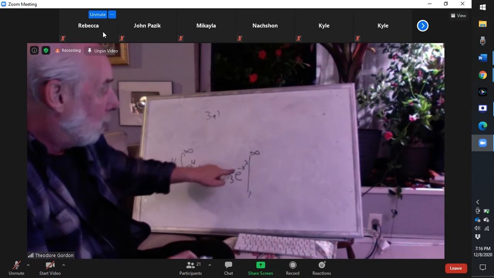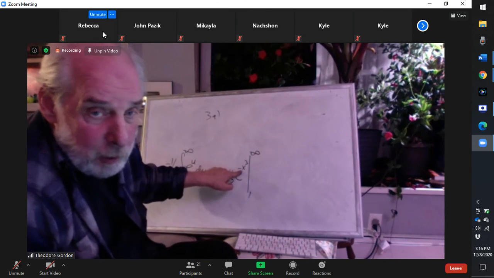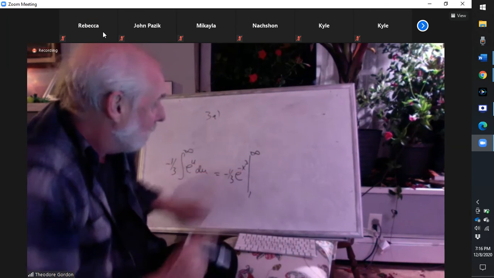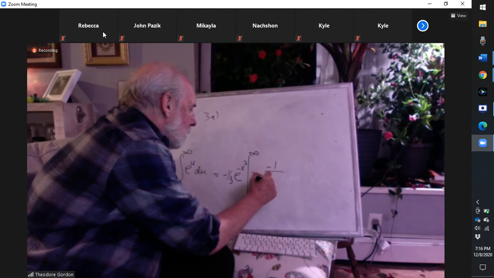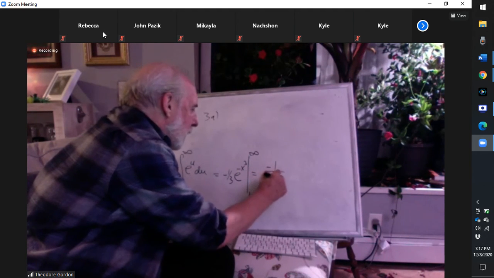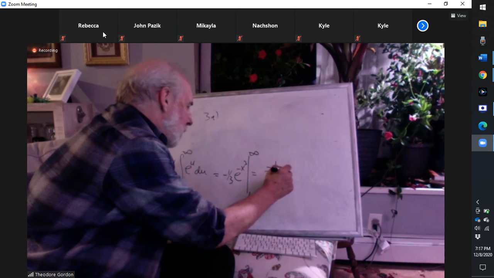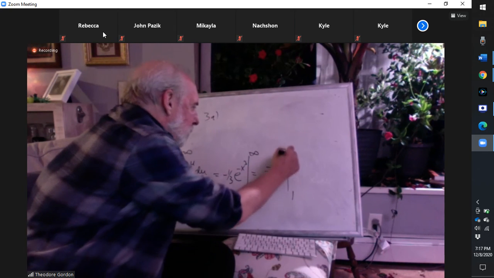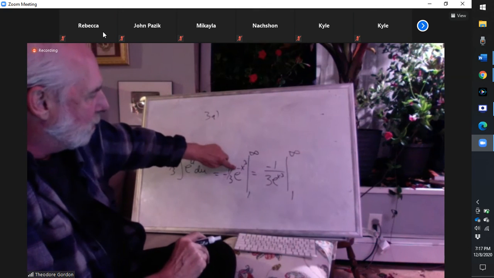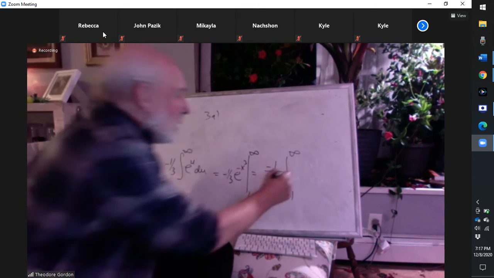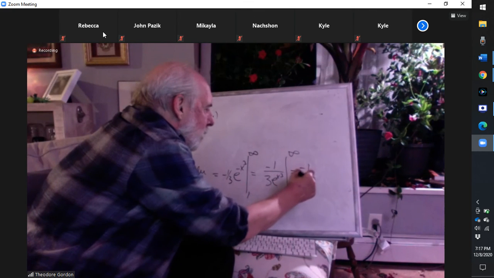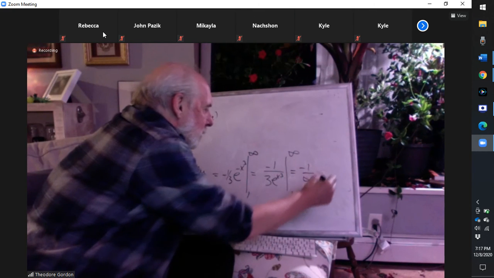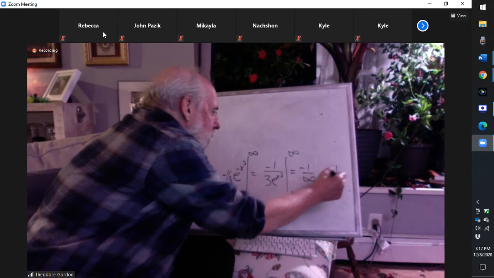All right, now, this is a negative exponent. They can trip you up. So this turns out to be negative 1 over 3 e to the x cubed, and then from 1 to infinity. Now, when we put infinity here, we get negative 1 over infinity plus 1 over 3e.